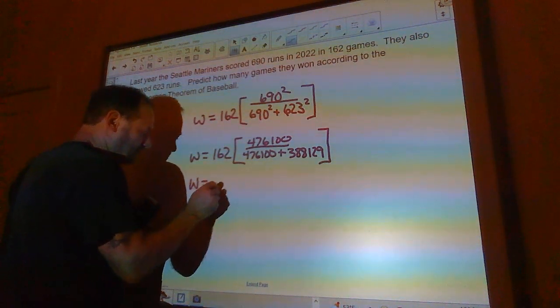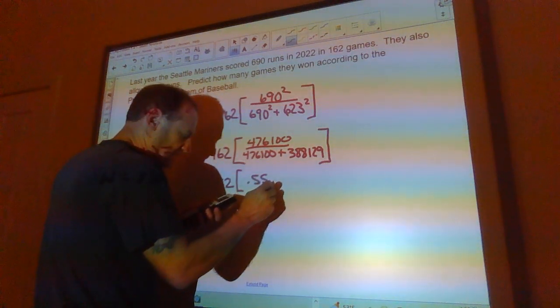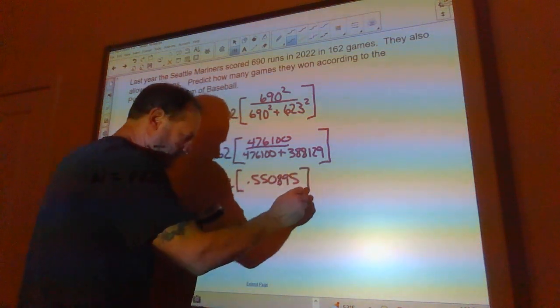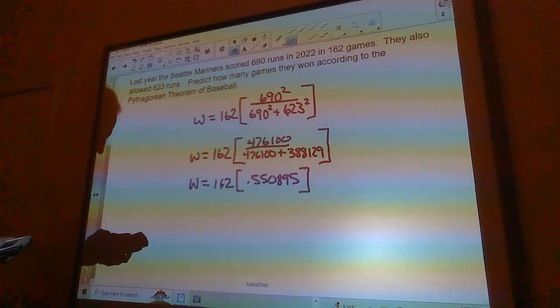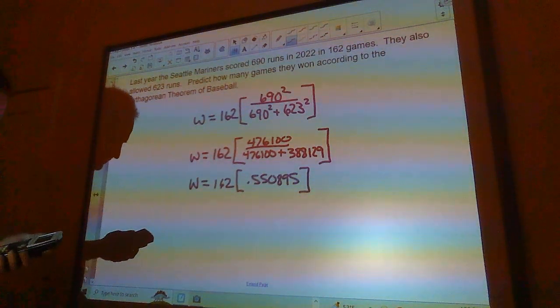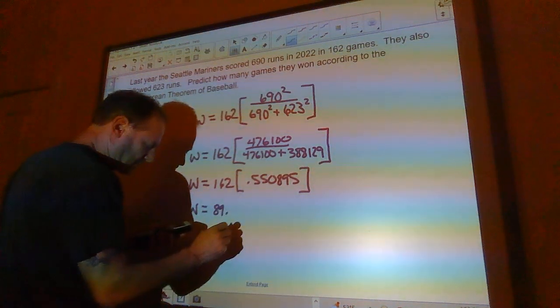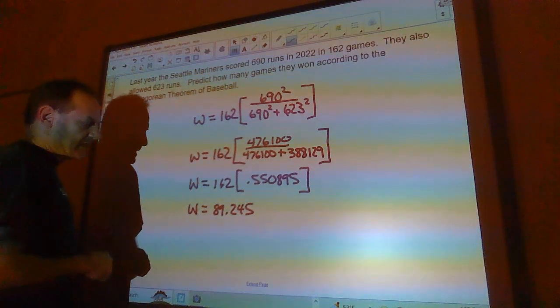Okay, so W is 162 times 0.550895. And then we're going to multiply that by 162, and we get W is 89.245. So it predicts slightly more than 89 wins.